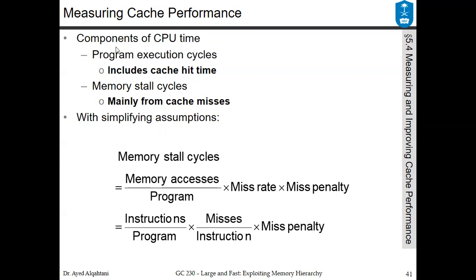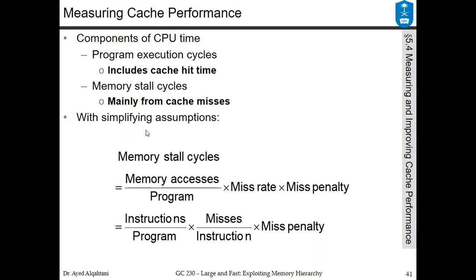We know that the components of CPU time are the program execution cycles, which includes the cache hit time, and the memory stall cycles. And this is mainly from cache misses.